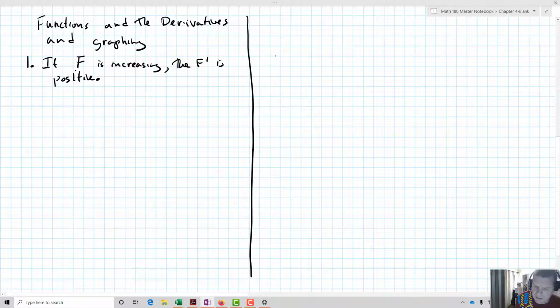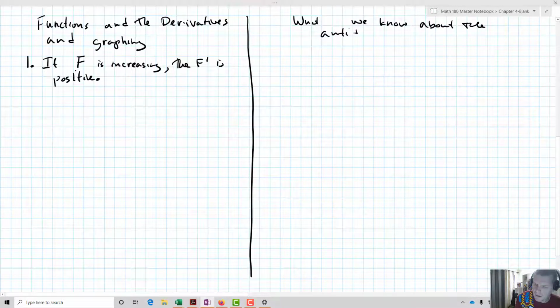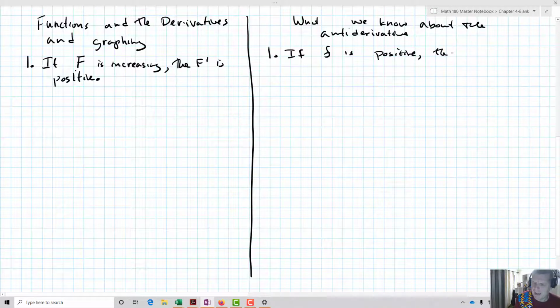And so that actually is our correlate, what we know about the antiderivative. One, if little f is positive, then big F, our antiderivative, is increasing.